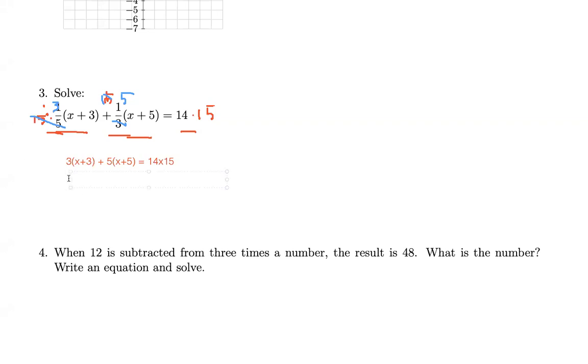Then we can expand. We multiply 3 with x, we get 3x. Multiply 3 with 3, we get 9. Multiply 5 with x, we get 5x. 5 times 5, we get 25. Then 14 times 15. We can think of 14 as 15 minus 1.